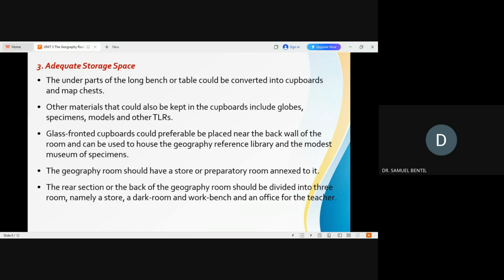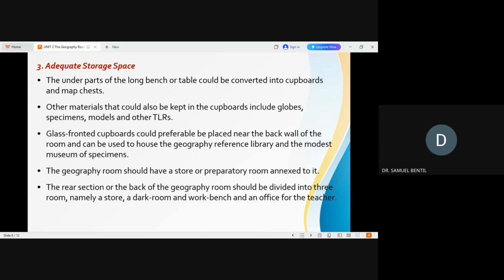Then we also have the third thing you must bear in mind, that you must have adequate storage space. So first, you must have adequate sitting space, adequate working space, and also adequate storage space as the third one.